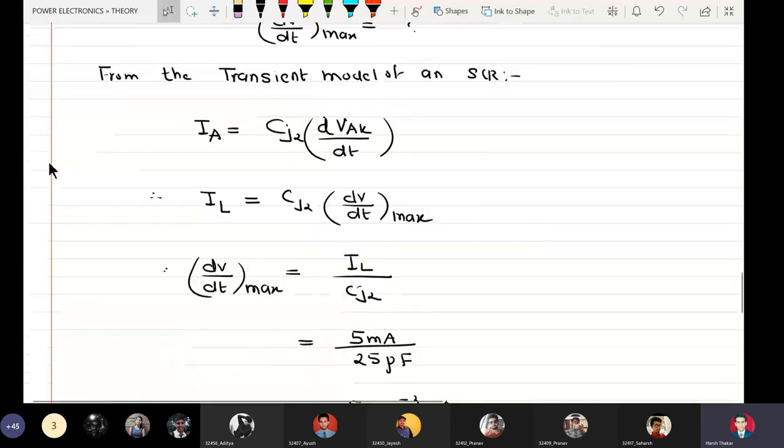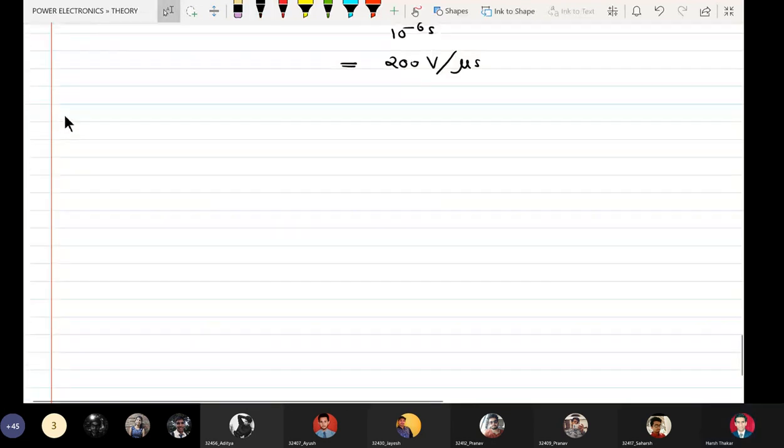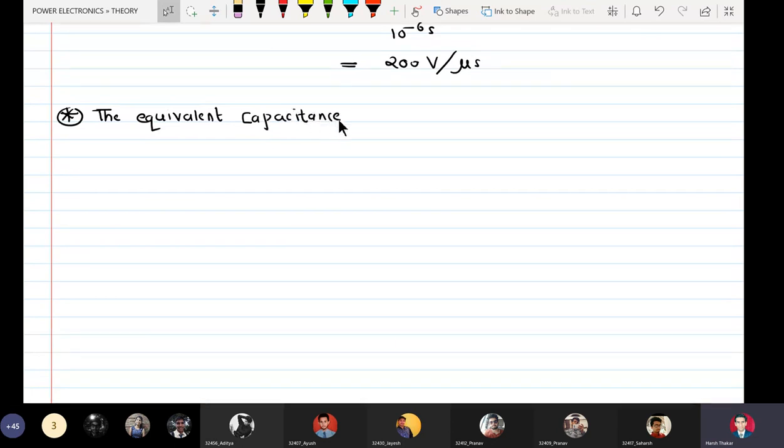Okay, another numerical similar to this. The equivalent capacitance of depletion region of the reverse bias junction J2 is 30 picofarad.